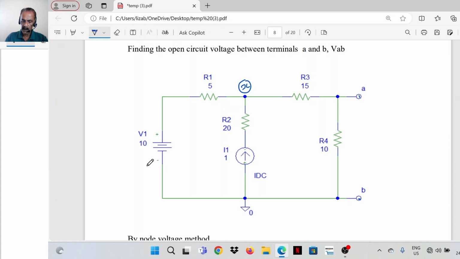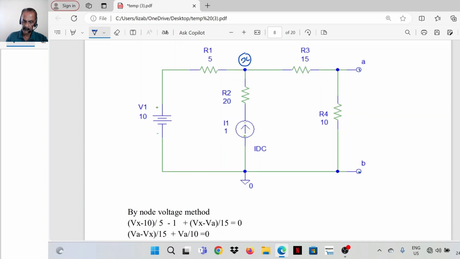So if we solve the problem to find the voltage source, this circuit on the left side is to be replaced with a single voltage source and a series resistance. That means the equivalent circuit should look like this.